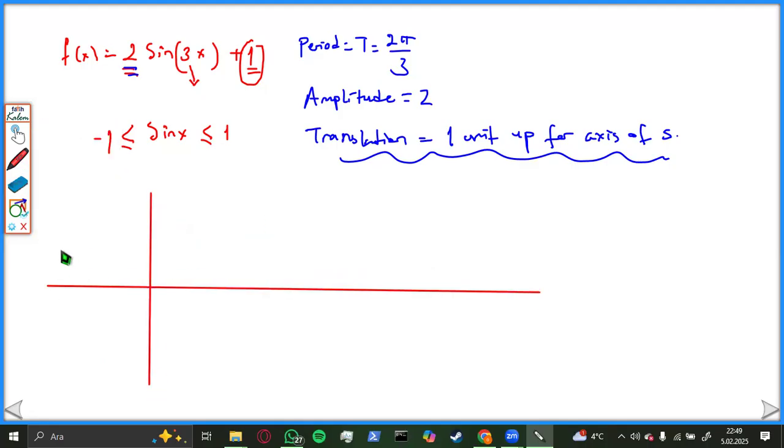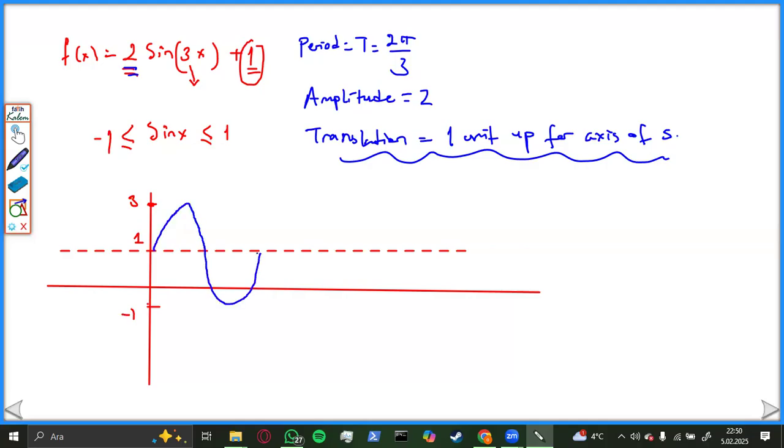Let me draw firstly 1 on the y-axis, and we see that amplitude is 3. It is 3 here and minus 1 here. So it is a sine function.